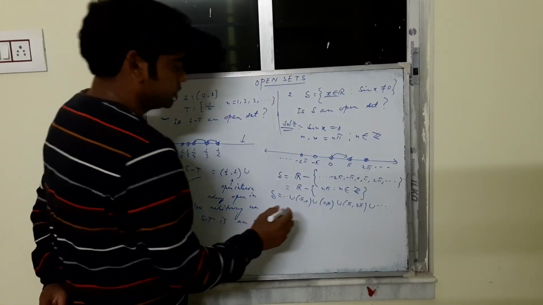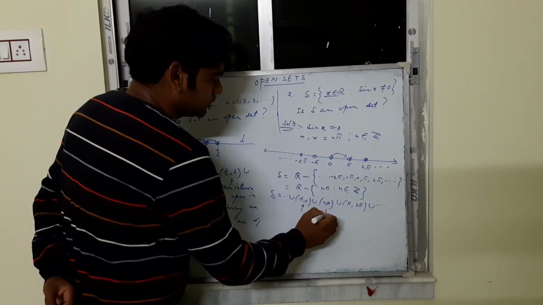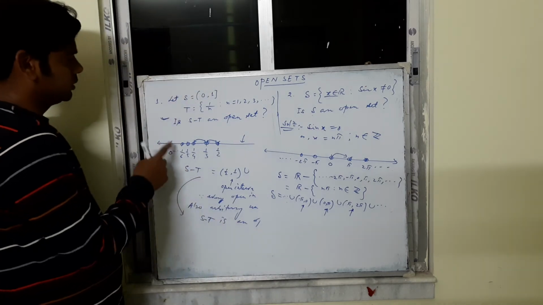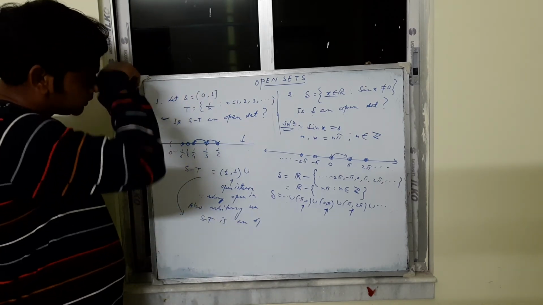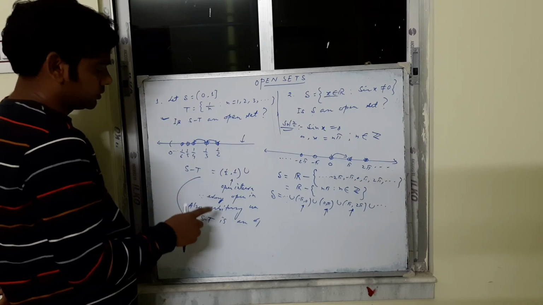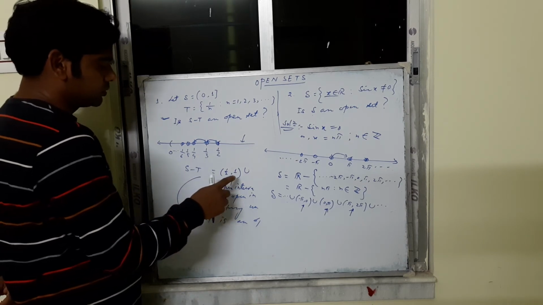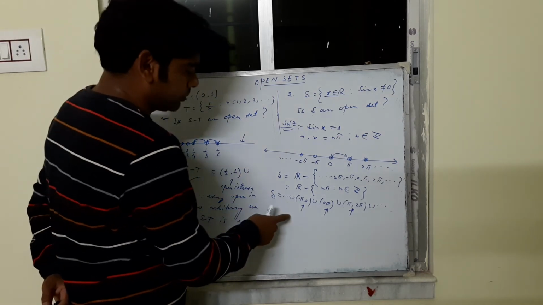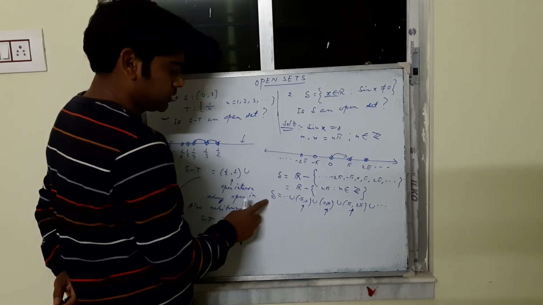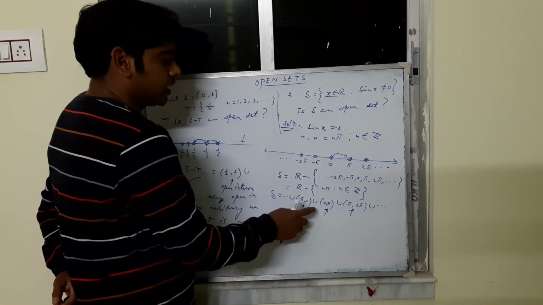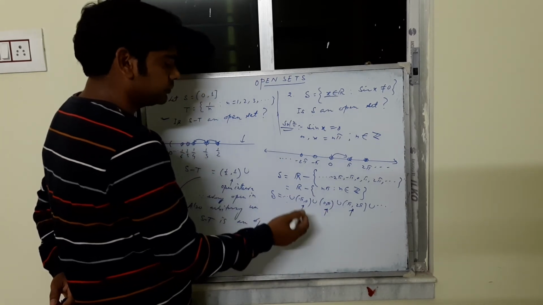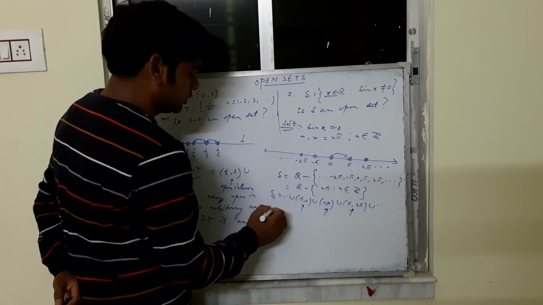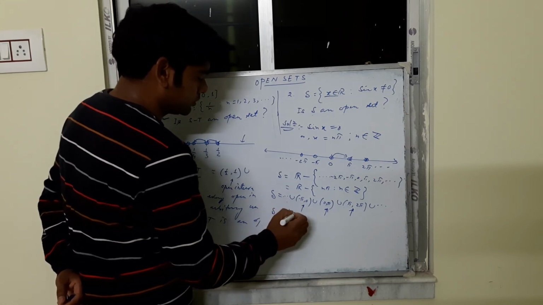So what we see is that all these are open intervals, and in the first problem we have seen that arbitrary union of open sets is also an open set. The same logic we apply over here. Here we see that S is the union of an arbitrary family of open sets, and we know that arbitrary union of open sets is also an open set. So here S becomes an open set.